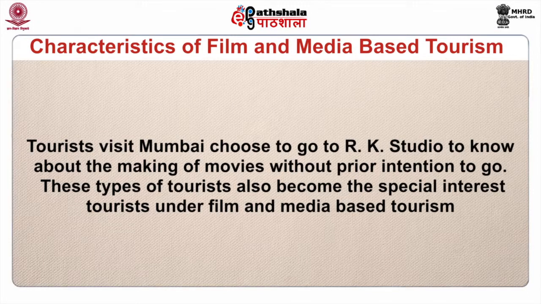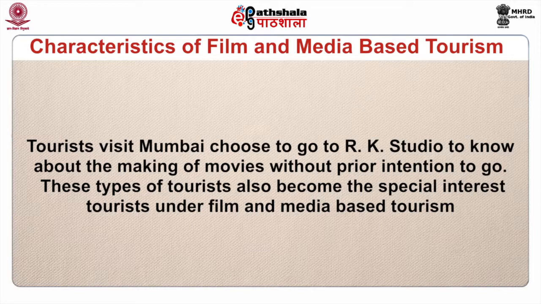Then film studio tour becomes the part of a holiday when the tourist visits unintentionally to the main destinations. For example, tourist visits Mumbai, choose to go to RK Studio to know about the making of the movies without prior intention to go.